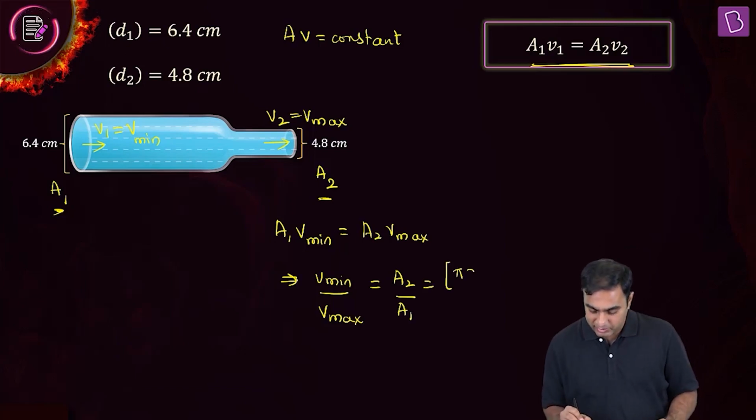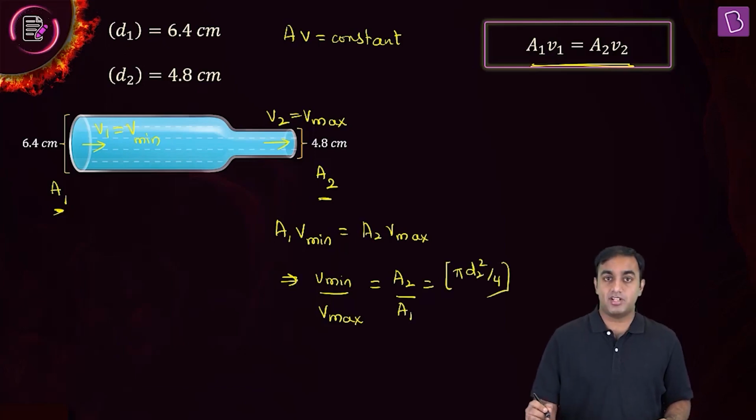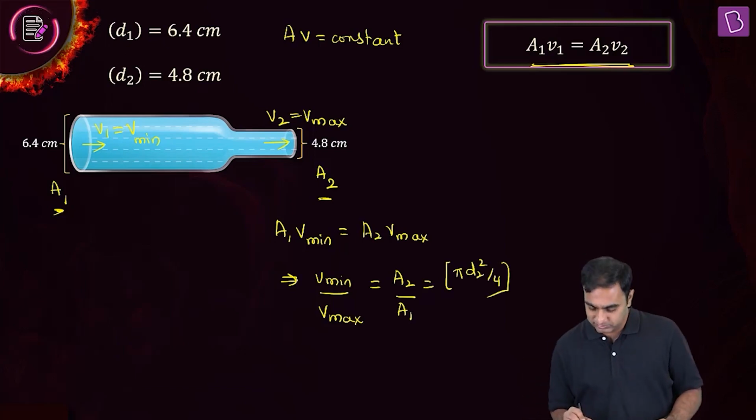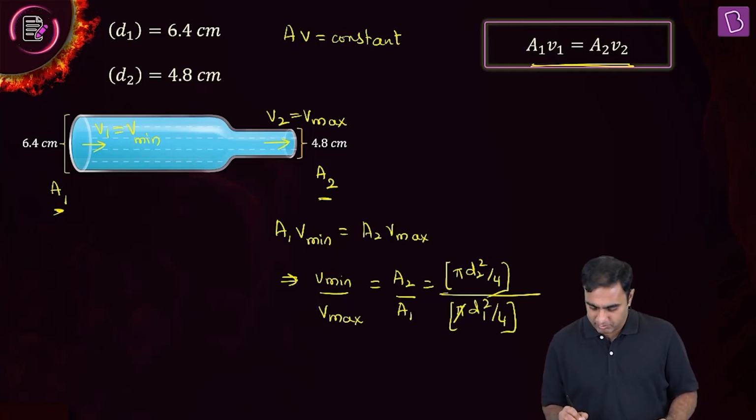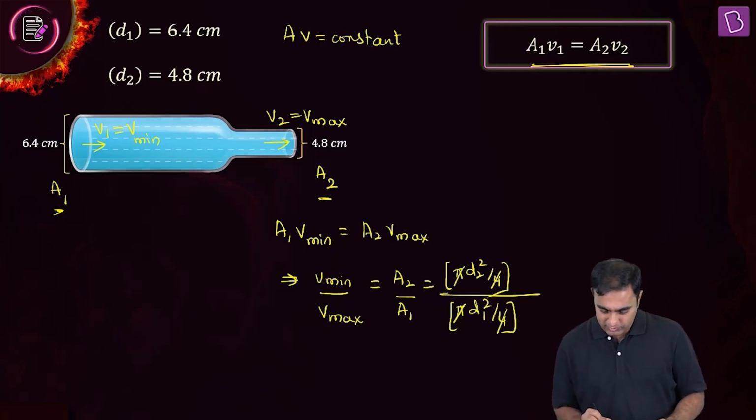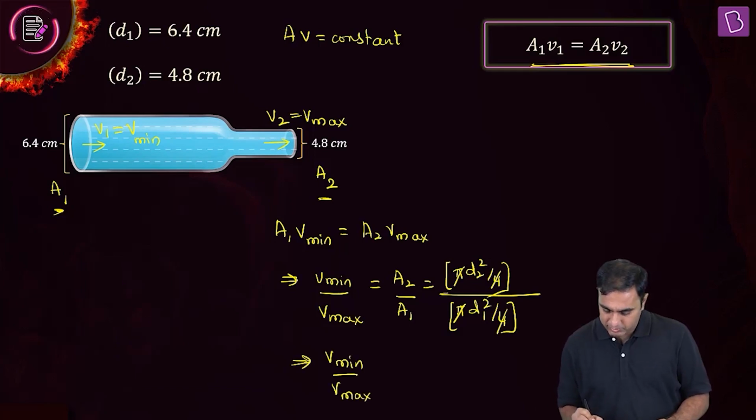It is pi into D2 square by 4, where D2 is the diameter on the other end. That divided by A1, which can be written as pi into D1 square by 4. Let's simplify this. Pi will get cancelled, 4 will go away, and we get V minimum by V maximum to be D2 by D1 whole square.